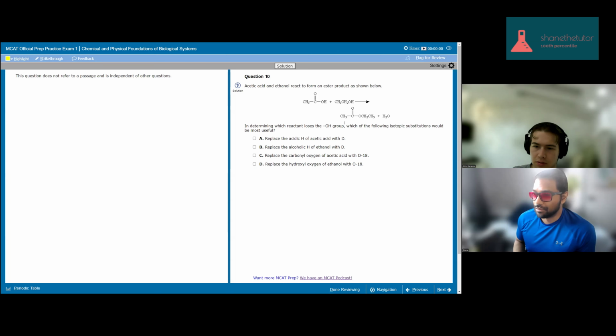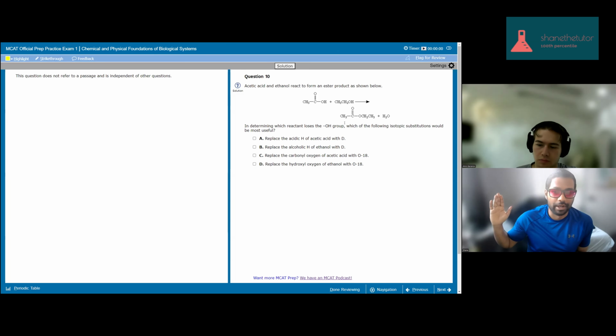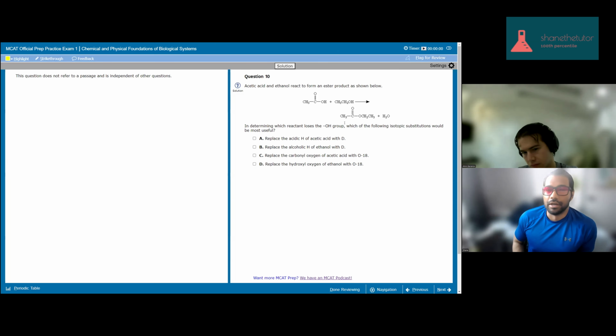So if you labeled that acidic H, it's going to be lost right away. But you know the mechanism, which is like 90% of it, so good job on that.